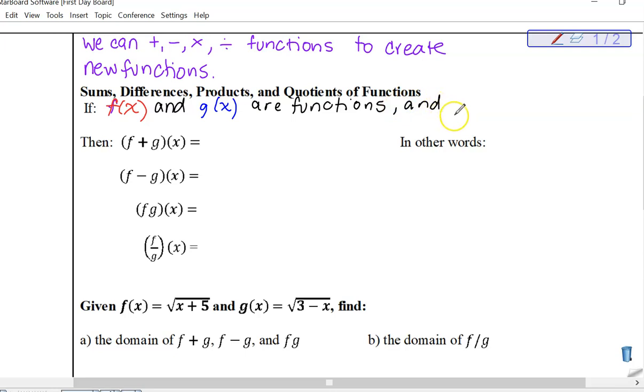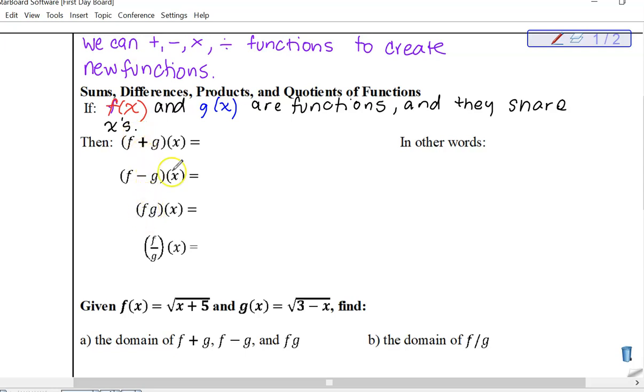They share x's, meaning that they have x's in the domain in common, then I can add them, subtract them, multiply, and divide them.